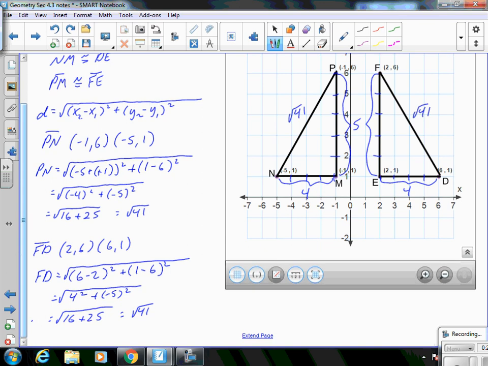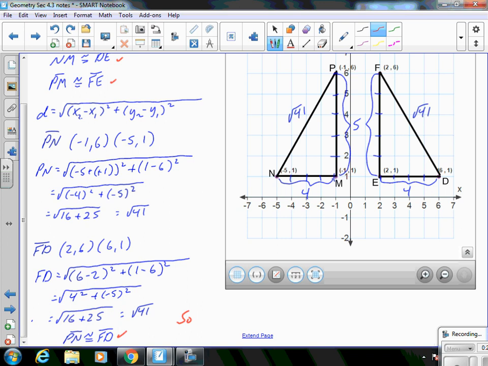So since PN and FD are both the same length, now we can say that segment PN is congruent to segment FD, which gives us 1, 2, 3 sides that are congruent.